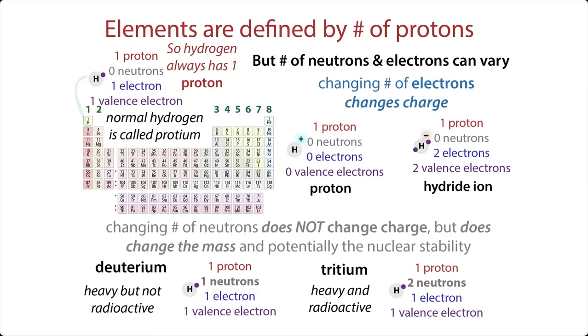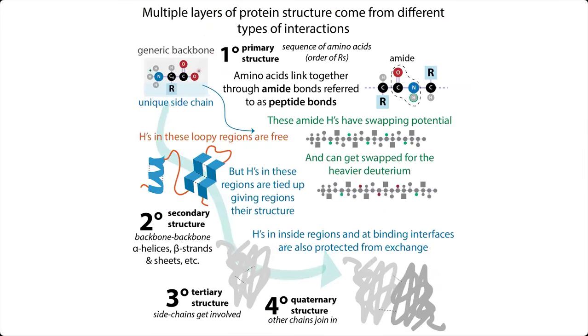If you have a neutron, now you have deuterium, our H2. We call it H2 because it has one proton and one neutron. Deuterium is not radioactive, but it is heavy, so if it's incorporated into a protein, that protein will get heavier.